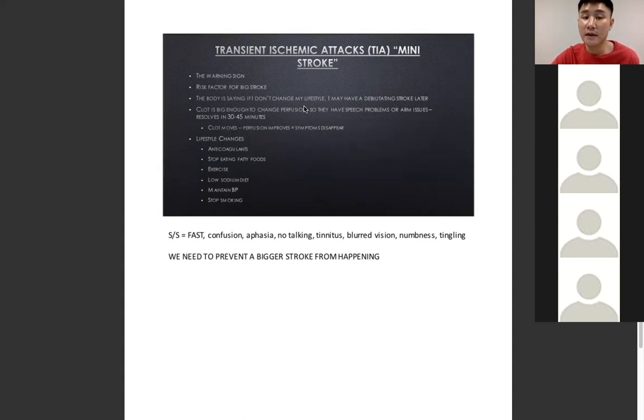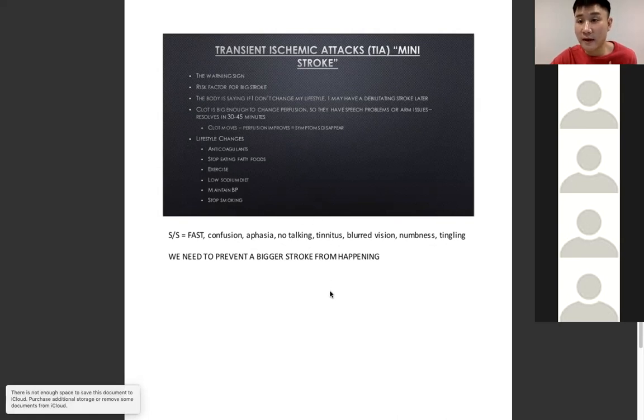Signs and symptoms of a transient ischemic attack, mini stroke, are obviously the FAST acronym: confusion, aphasia, no talking, tinnitus, blurred vision, numbness, and tingling. We need to prevent a bigger stroke from happening when the patient is having a transient ischemic attack. We have to make sure we tell them to modify everything, okay?